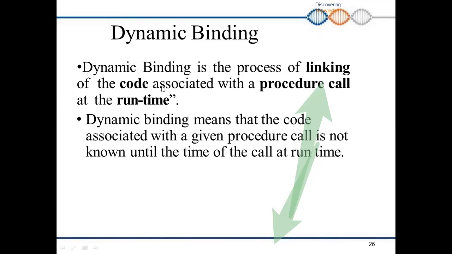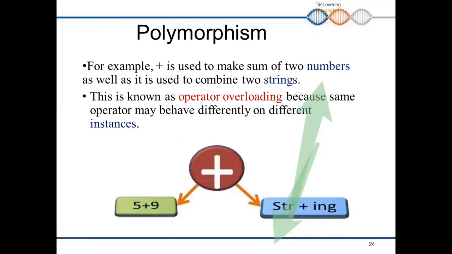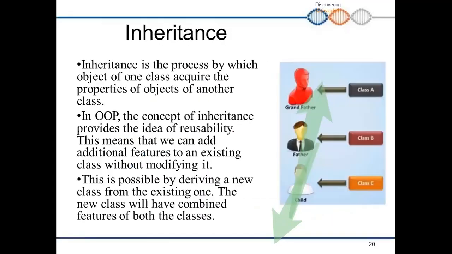So in dynamic binding, we do not know about it before running. We know about the binding at runtime. When we call a function, where our control will go will be decided at runtime. So that's about the object oriented concepts.